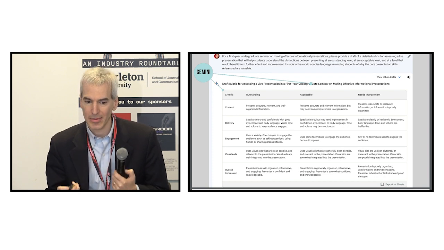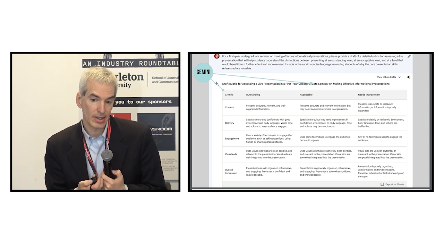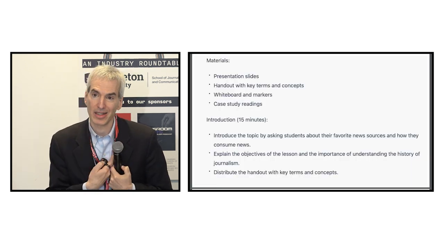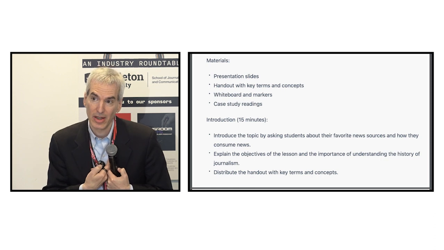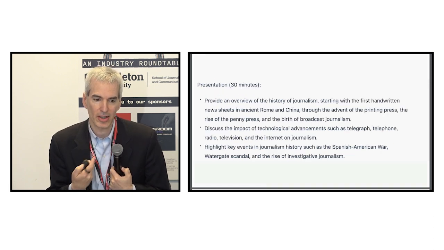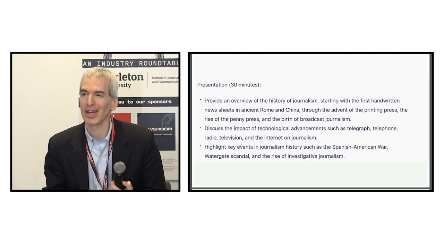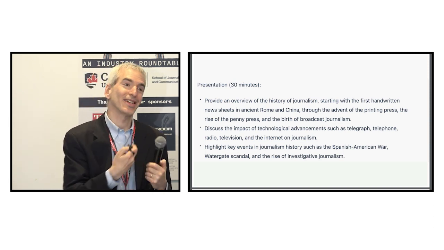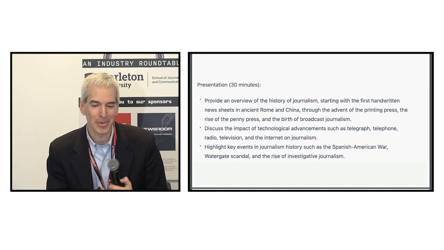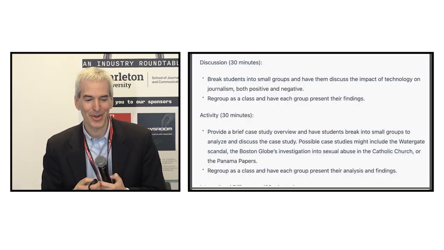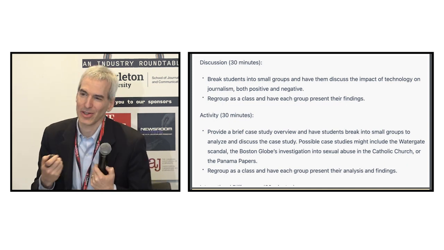And when it comes to lesson plans, I love creating really detailed lesson plans, but I found that with AI I can come up with different ideas, and I can get beyond my own biases or my own blind spots. I might have assumptions about what I should include, but if I generate five different lesson plans, I might see something I hadn't thought about, like looking at ancient Rome and China in terms of how journalism was done there historically, or specific case studies like the Globe investigation into sexual abuse in the Catholic Church.